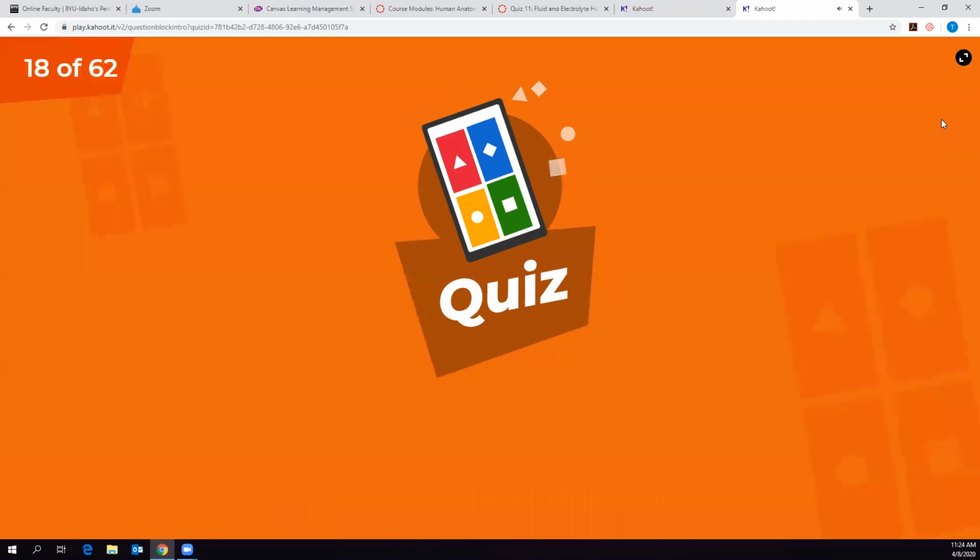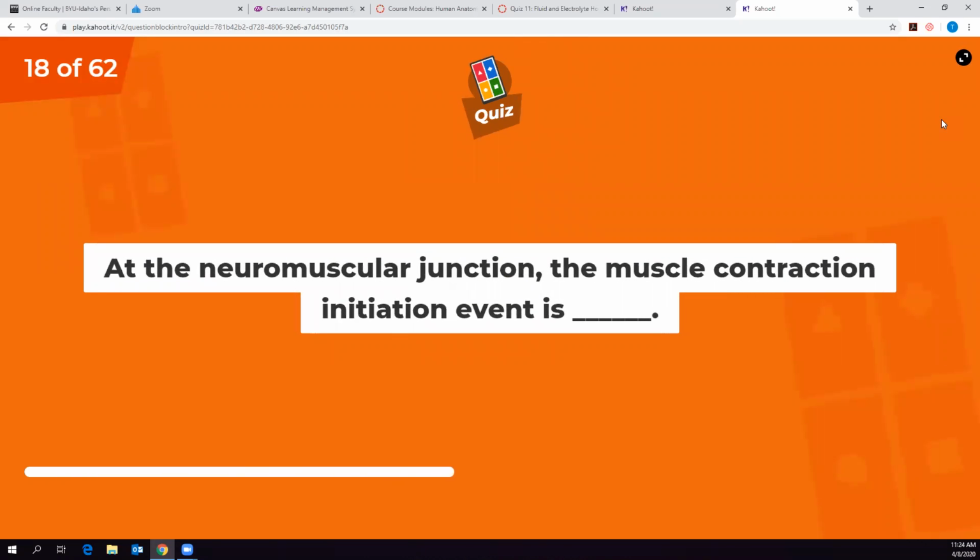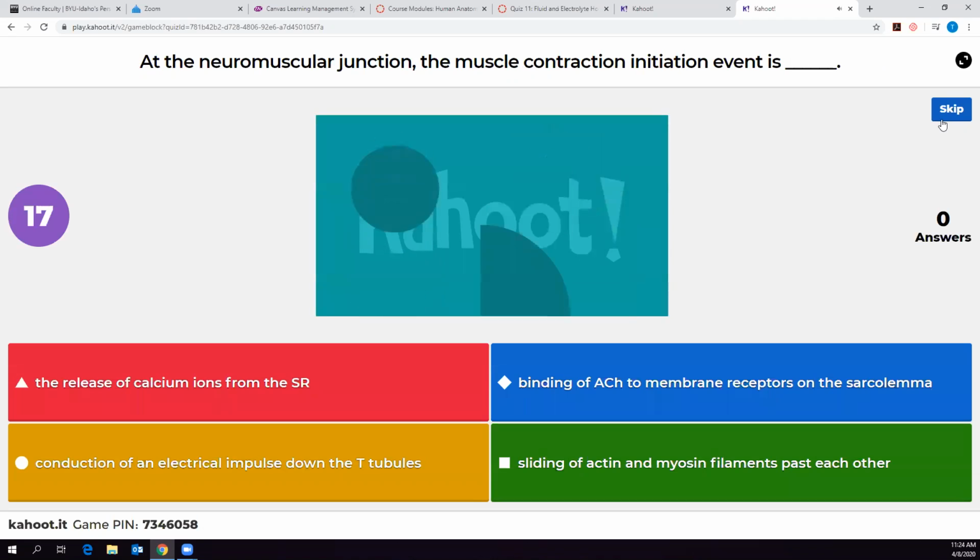All right. The neuromuscular junction, the muscle contraction initiation event is. So what starts the whole shebang at the neuromuscular junction? Because all of these things happen, but which one happens at the neuromuscular junction?